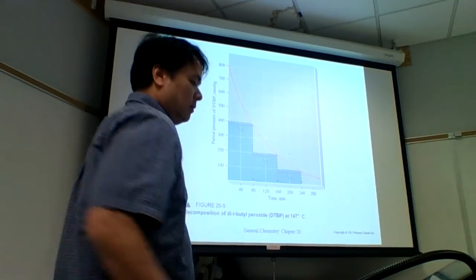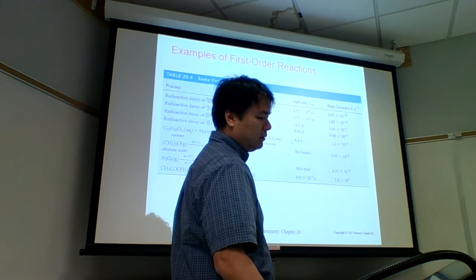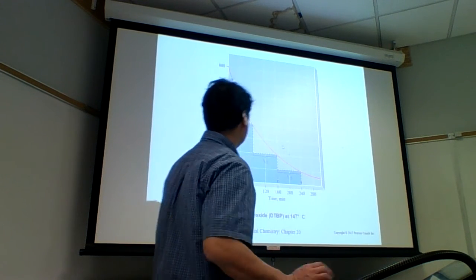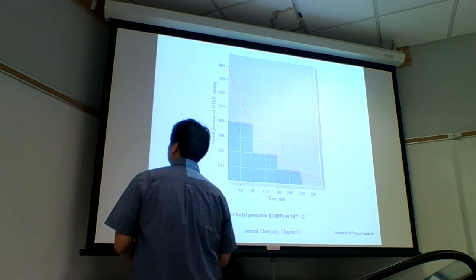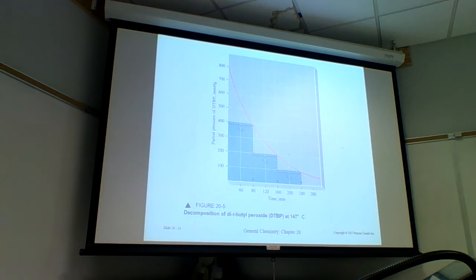And so, well, we could figure it out just by doing simple calculations. We start off with 1, we end up with 1/2, and then we'll end up with 1/4, then 1/8, and then 1/16. 1/16 is what percentage remaining?